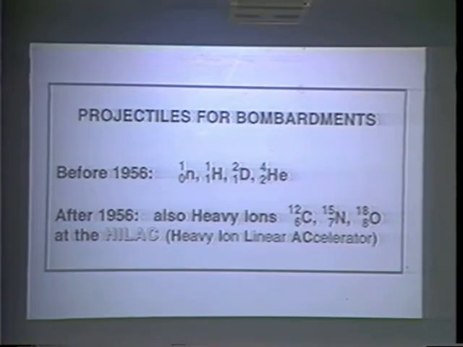First of all, up until 1956, we used just light particles as the projectiles in the bombardments: neutrons and protons and deuterons and helium ions. Then in 1956, we received the funding to build a heavy ion linear accelerator that would accelerate heavy ions of carbon and nitrogen and oxygen and so forth, so we could get higher and higher in the periodic table.